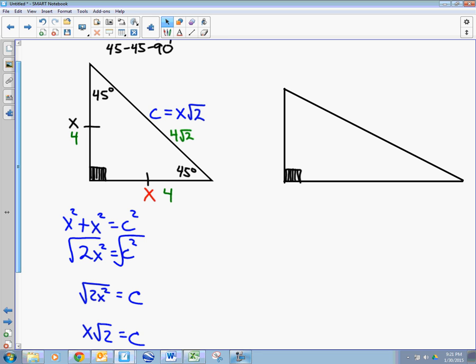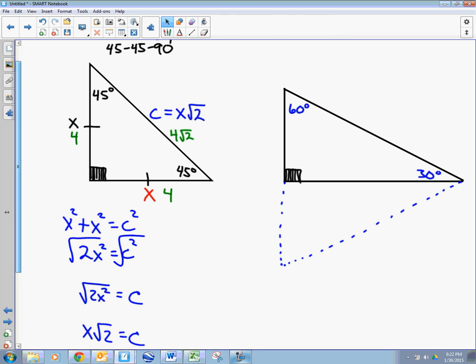We also have a 30, 60, 90 triangle. So this one has angles 30 and 60 degrees. What's interesting here is a 30, 60, 90 is exactly half of a 60, 60, 60 triangle. So half of an equilateral.